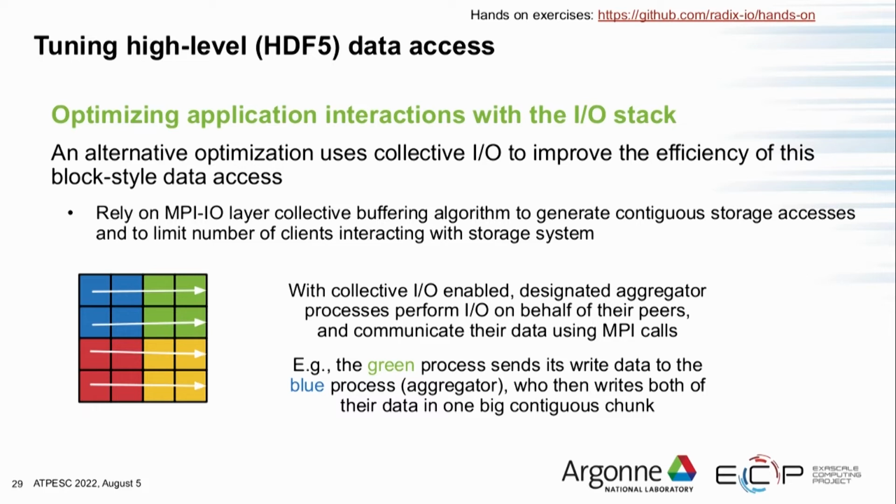And specifically for different file systems, it has different strategies. But the idea here is that you use the collective buffering algorithm to not only generate really, really large I/O accesses, but you also use it to limit the number of processes that are accessing the storage system at a given time.